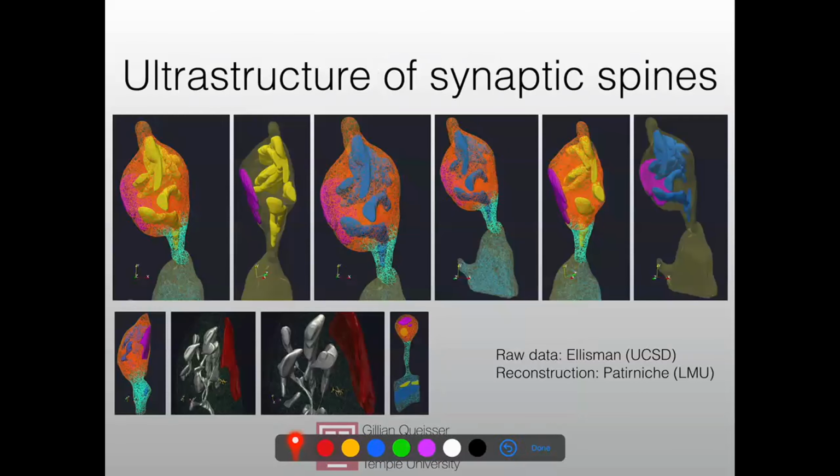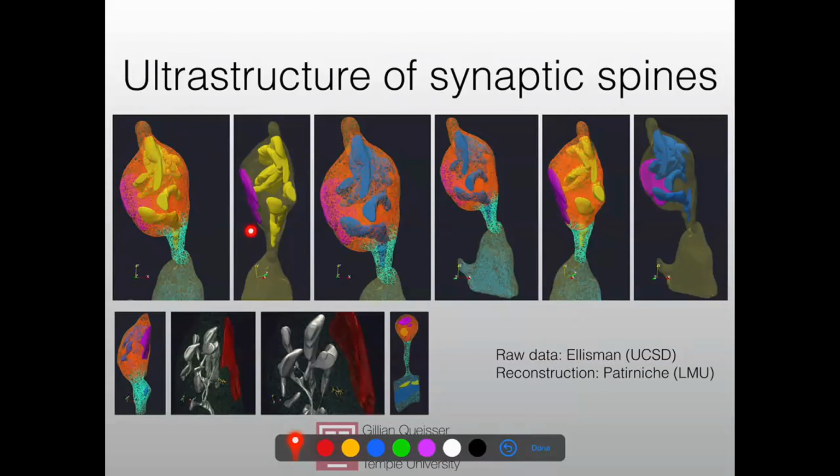And looking at the ultrastructure of individual synaptic spines, here are a couple of examples that were reconstructed from raw data from Mark Ellisman's lab. As you can see, the architecture of individual synaptic spines is fairly intricate, with actin filaments filling the space, with organelles like the endoplasmic reticulum embedded in the spine heads.